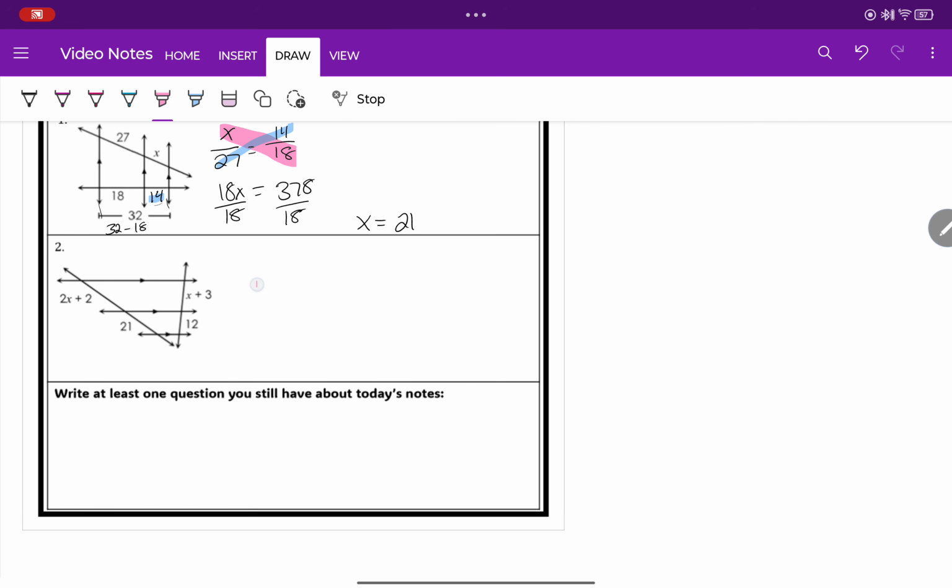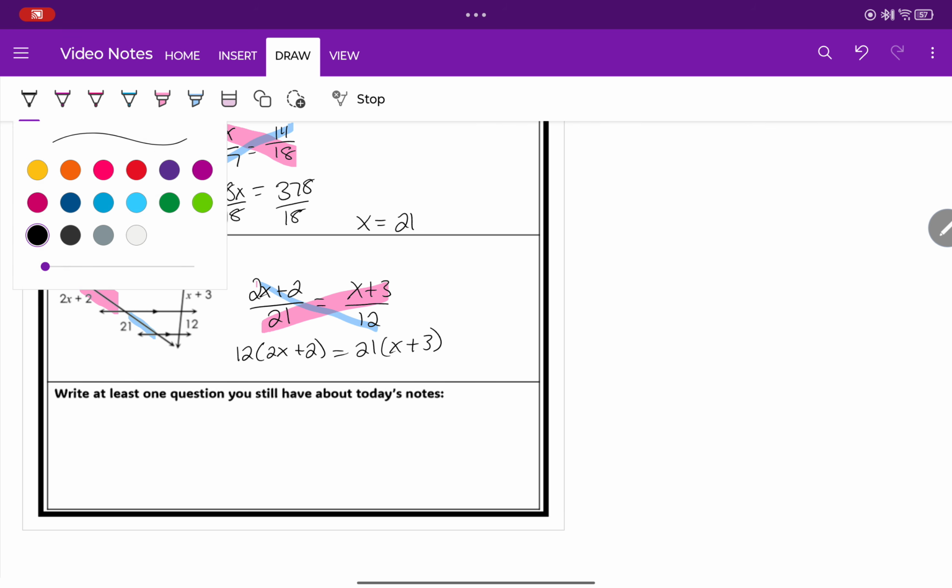So my proportions, I have 2x plus 2 over 21 is equal to x plus 3 over 12. I'm going to go ahead again, cross multiply my equations. I get 12 times 2x plus 2 is equal to 21 times x plus 3.